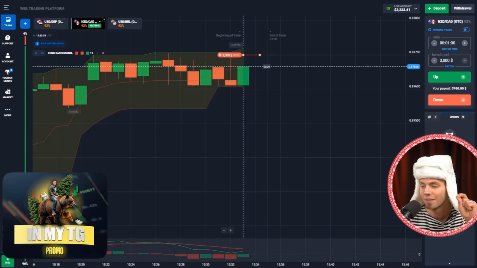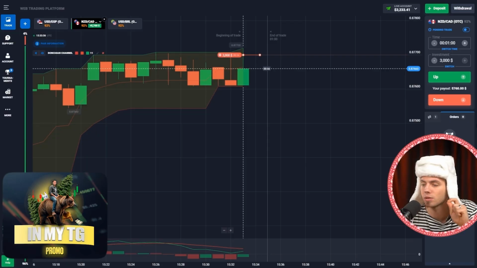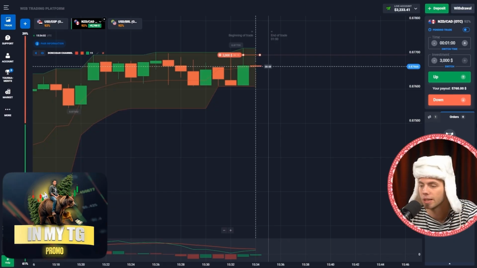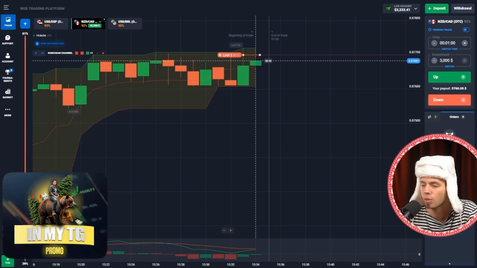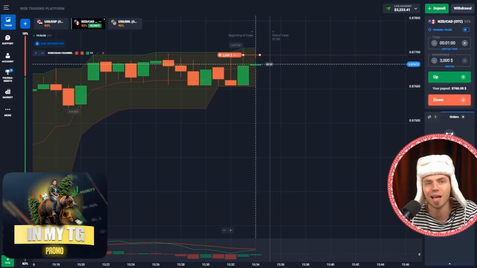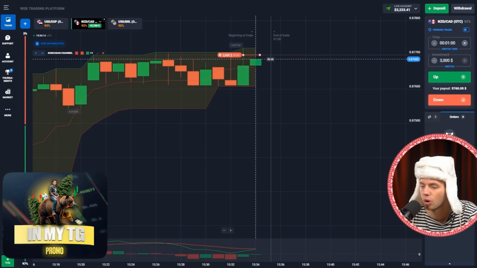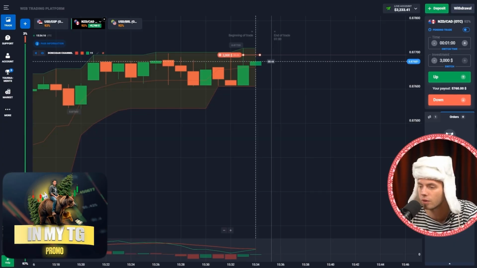That's why it may not happen that we go from the lower line of the channel to the upper line of the channel like this. No, the market definitely will correct itself, cool off and correct the behavior of the price.